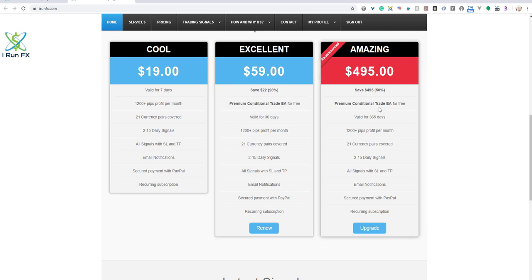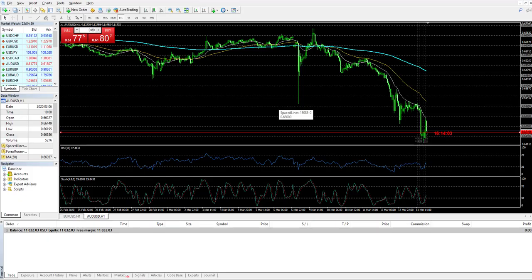If you get the expert advisor from IRunFX, which they provide for free for the excellent and amazing packages, you just need to set your expert advisor on your trading platform, which they provided for MetaTrader, and then you don't need to watch the market at all after you set the orders. That's really fantastic. I can show you how to use their expert advisor in another video, and I recommend you watch that.